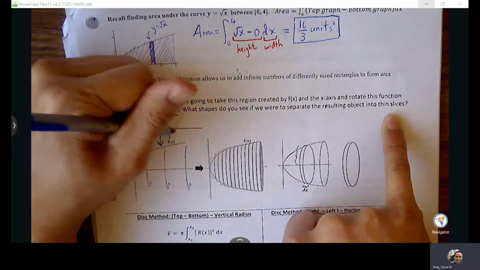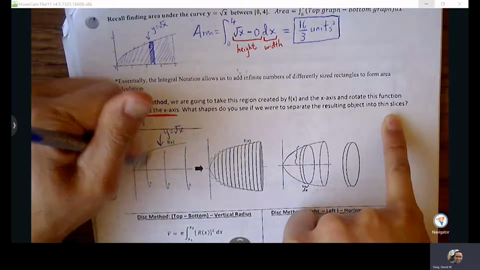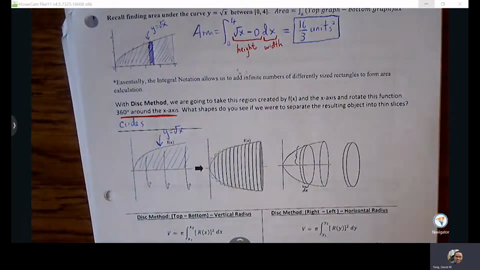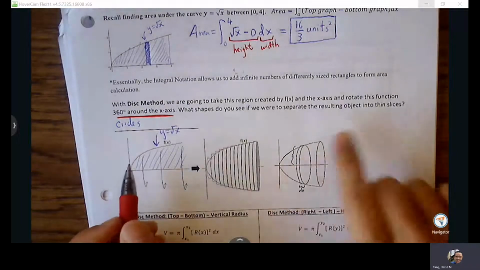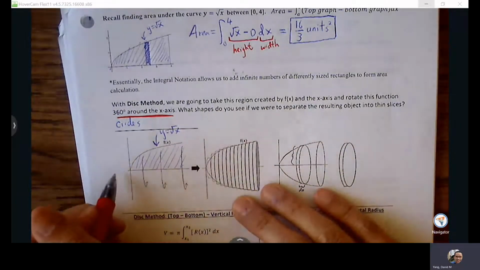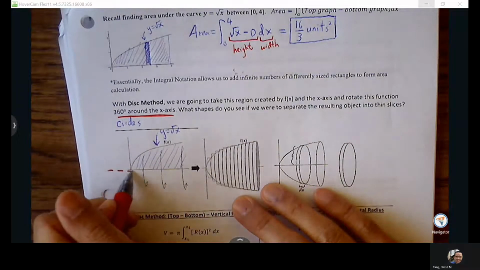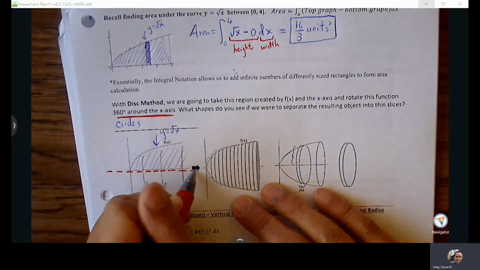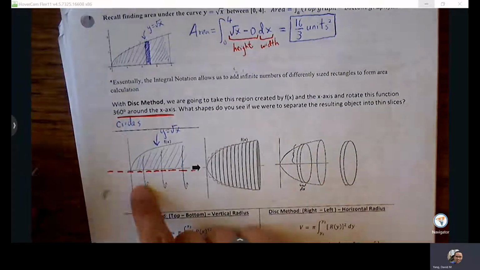Okay, so right now, we'll call this root x again. We're rotating around the x-axis. We call that the axis of revolution. I like to use a different color pen, but either way, I'm always going to use a dotted line to indicate that it's a special line for us.